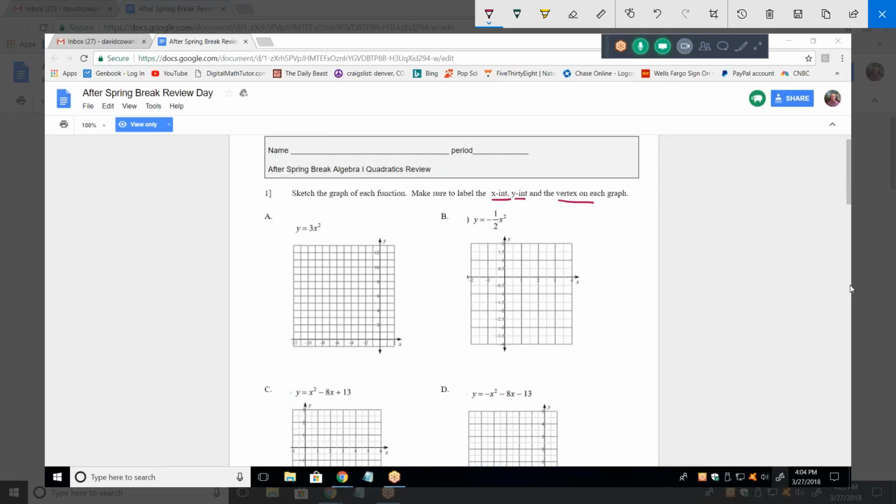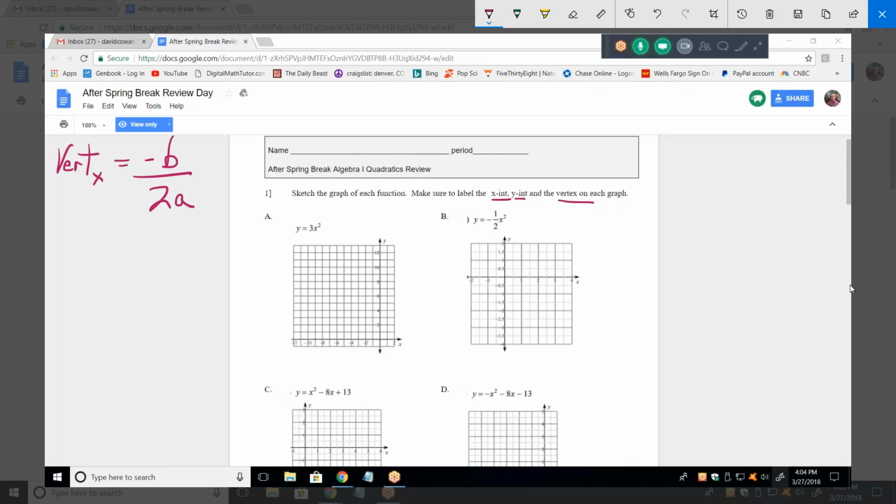The easiest way to get the vertex is, let's start over here. The x coordinate of the vertex, remember the vertex is a point, so it has an x and a y coordinate, is equal to minus b over 2a. Okay.